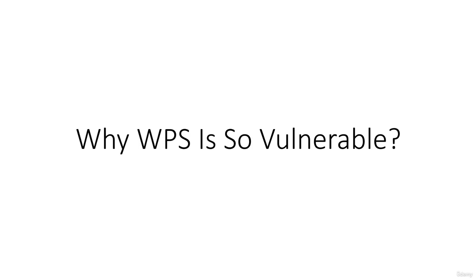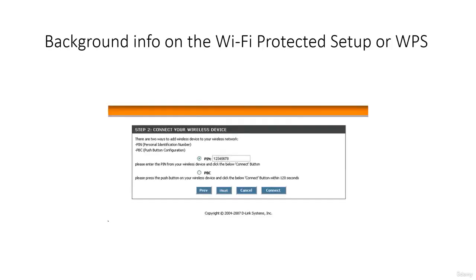But first let's talk about the background of this WPS. The idea behind WPS was to simplify the setup of a wireless access point for the non-technical home user, usually with an 8-digit pin as I previously told. Then the device would generate a complex PSK that would be virtually dictionary attack proof.